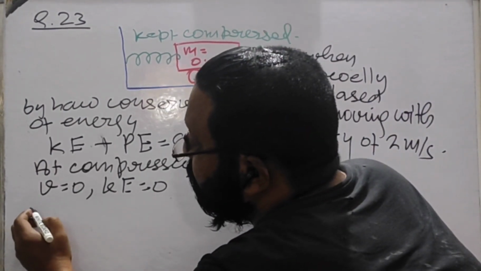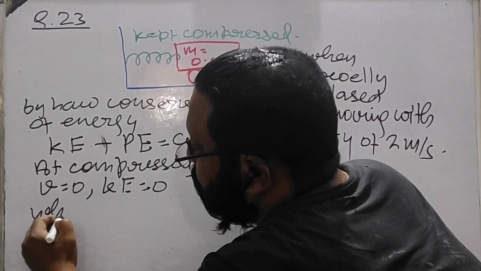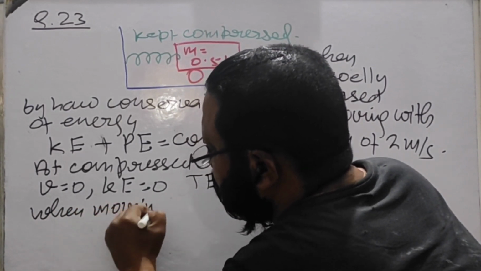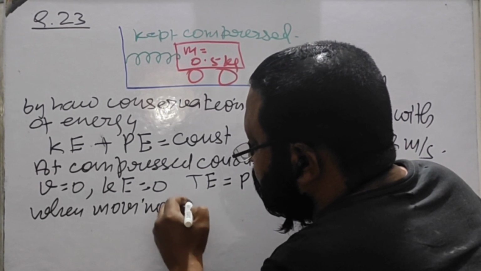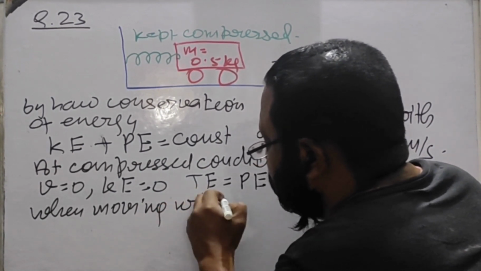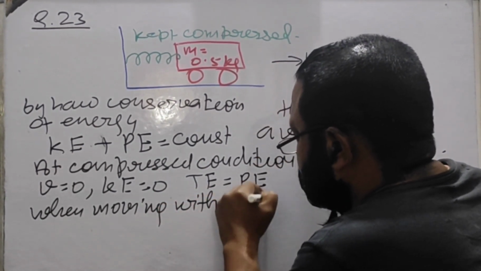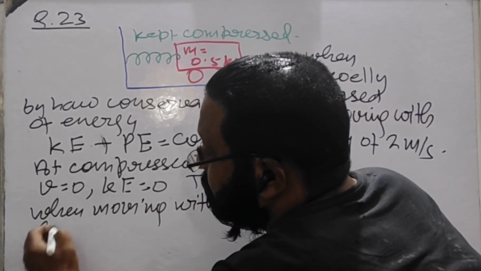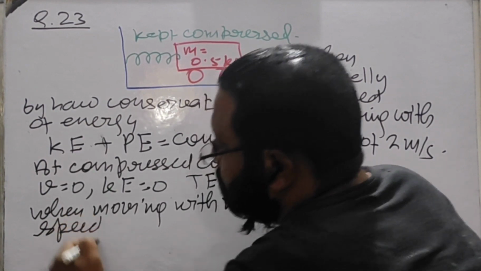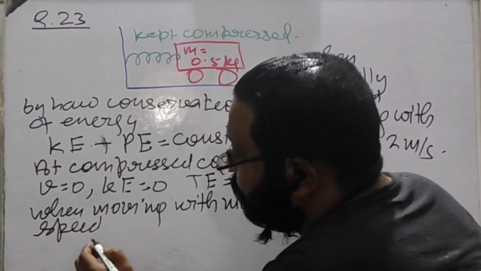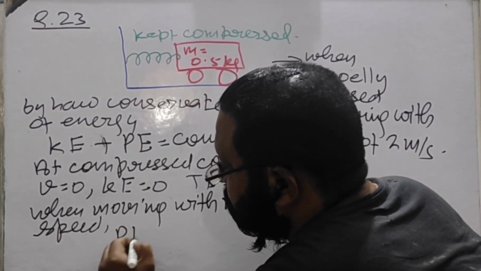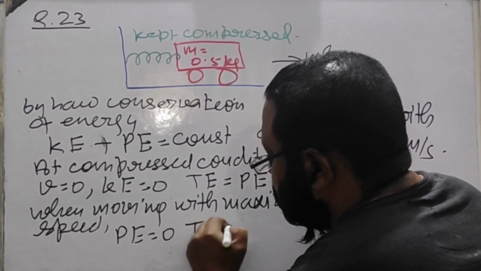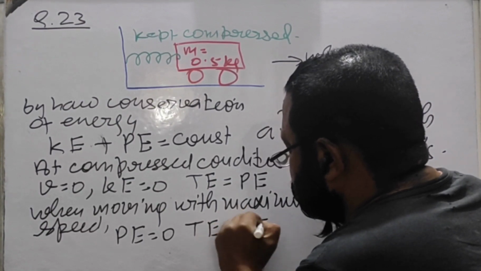And when moving with maximum speed, potential energy is zero and total energy is equal to kinetic energy.